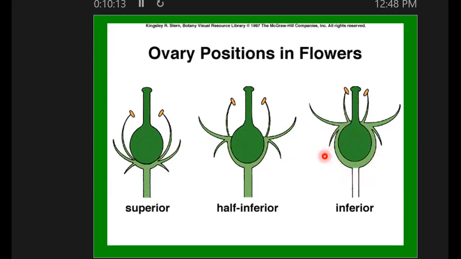And they think that an inferior ovary is a better design because it's more protective. So all this other tissue is kind of surrounding the ovary, protecting it. And they think it's a more successful strategy. Because of course it's in the ovary that you get the sperm and egg uniting, fertilization, and then the development of the seed. All pretty precious material.